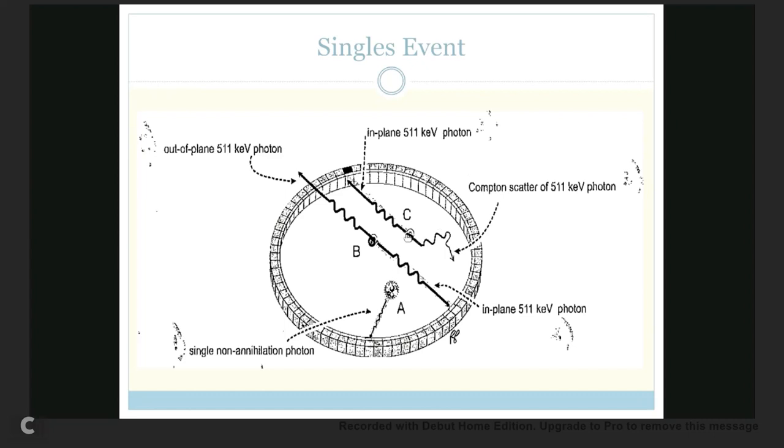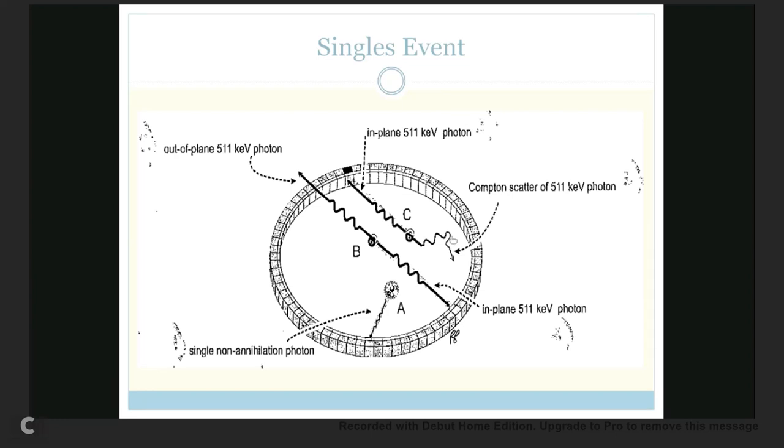You have the annihilation, and only one photon hits the detector, and the other one is lost or produces scatter and never gets to the detector. That could be through interaction with the patient or tissue, whatever it is.